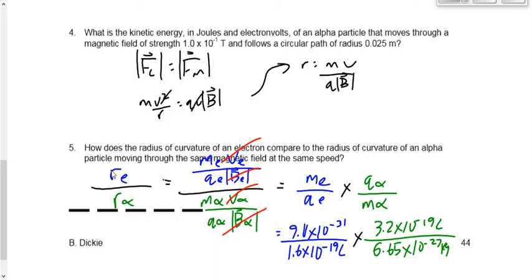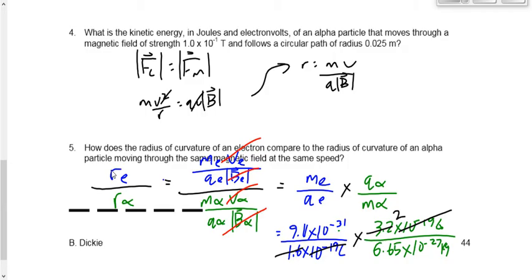Now we can multiply the numerators and then divide it by, in brackets, the denominators, or we can actually simplify this a little bit more at this point. The 10 to the minus 19 can cancel. You can actually say 3.2 divided by 1.6 is 2.